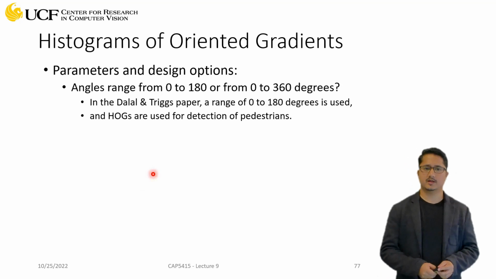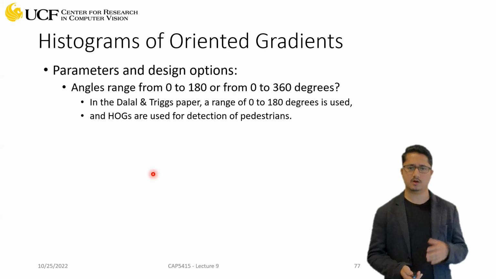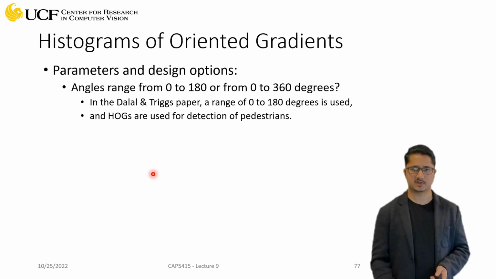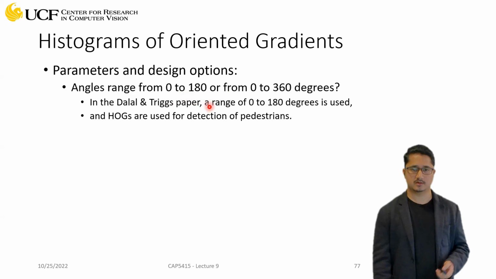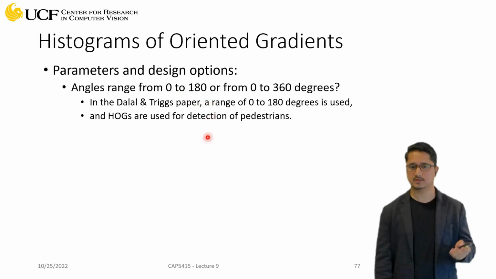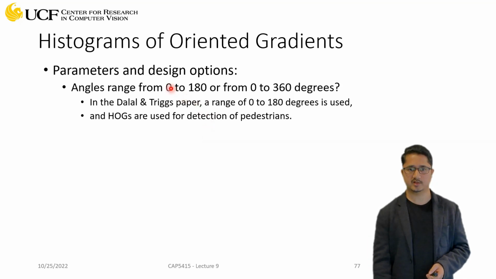Now there is a set of parameters which play a very crucial role in how good the features will be. One of the parameters is how many bins you should use. In the example we discussed, we were using 9 bins, but of course you can use more bins or fewer bins as well. You know that your range is from 0 to 180, or it's 0 to 360.